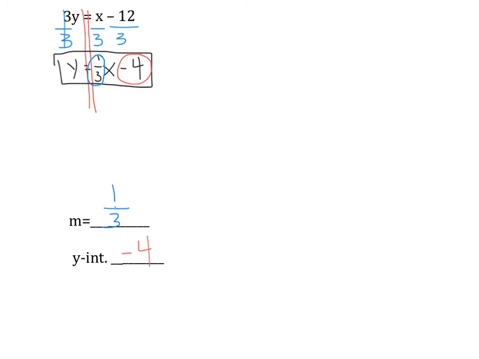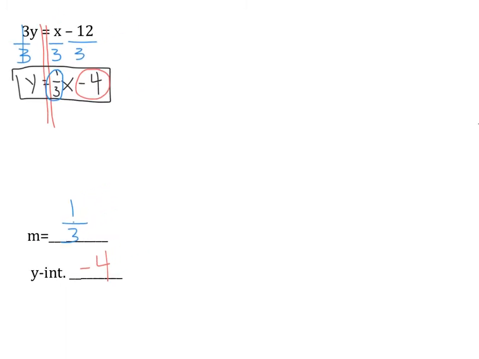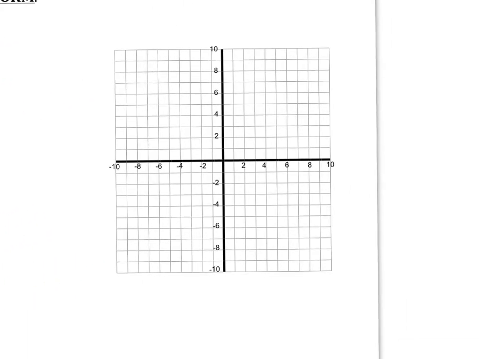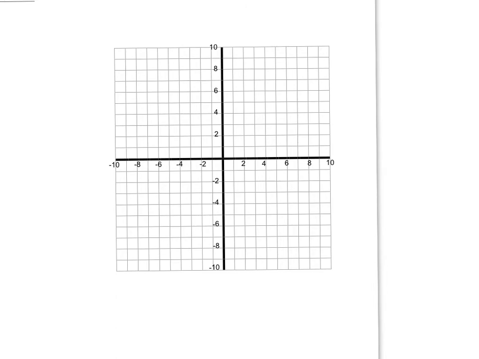Now I can take this information and go straight to my graph. -4 is this y-intercept, which means if I go down to -4 on the y-axis, starting at my origin, -1, -2, -3, -4, this is where the line is going to cross the y-axis.